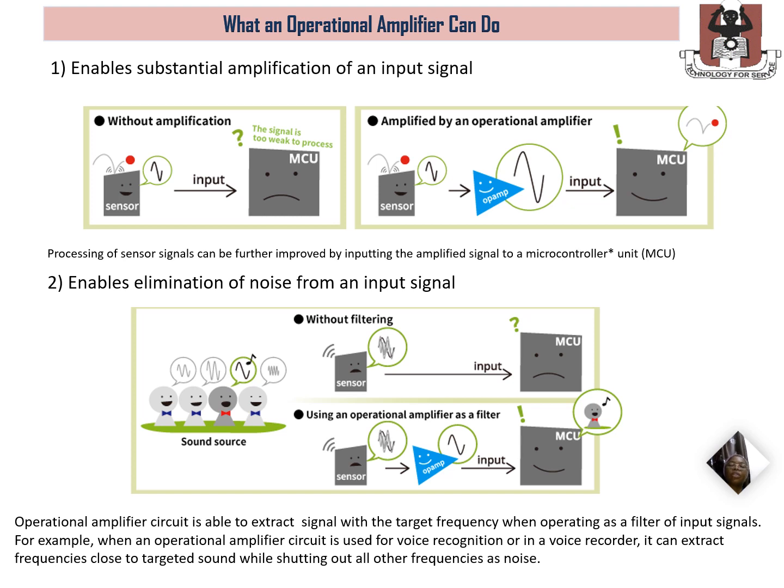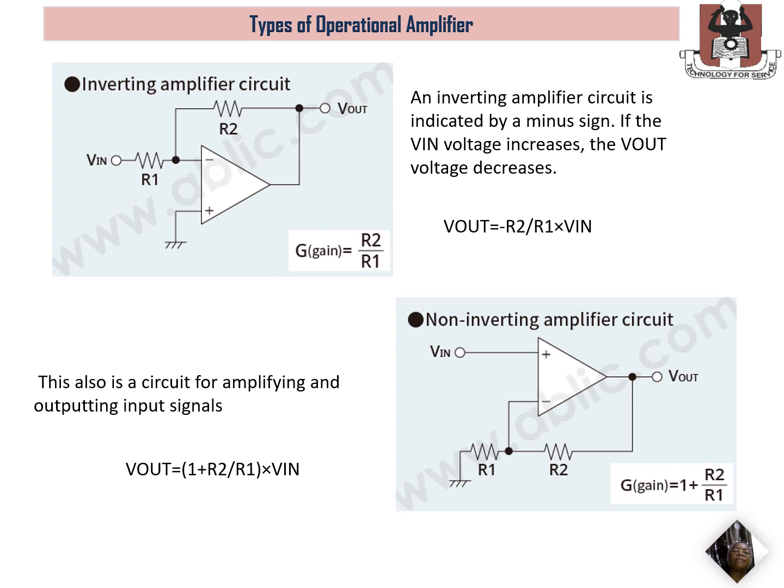Then an operational amplifier helps to eliminate noise from an input signal. Like here, there is no operational amplifier to remove the noise from the signal. But here, with the use of an operational amplifier, noise can be filtered for the microcontroller to make use of it. Then there are types of operational amplifiers.